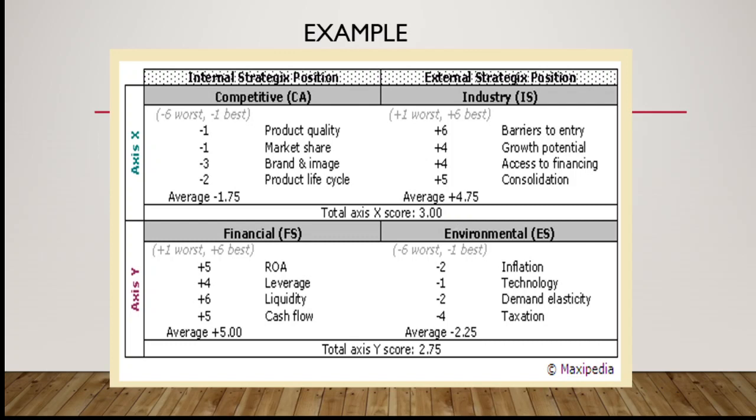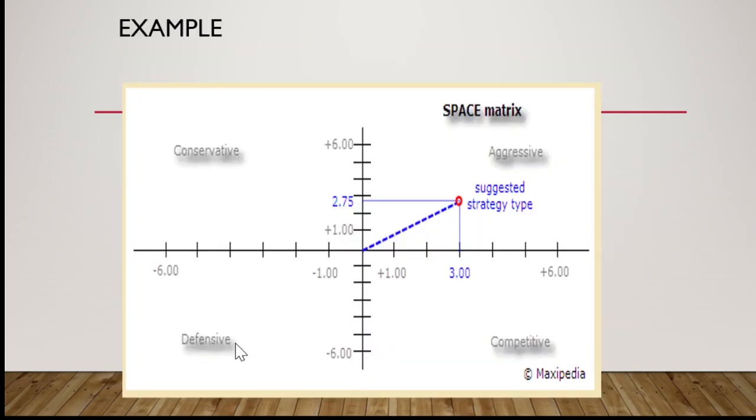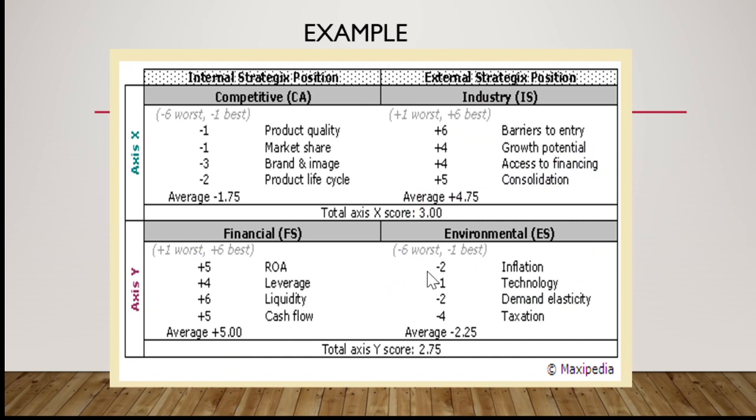Okay? For the y-axis naman, we have here the financial stability. So, again, we list 4 variables. We assign values between positive 1 and positive 6. And we've got the average, which is positive 5. Okay. Ganon din yung ginawa sa environmental stability. So, we list 4 variables.